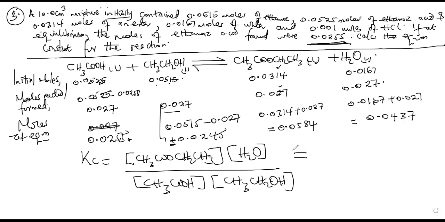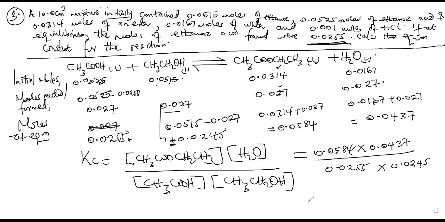So you substitute directly. For ester, we shall have 0.0584 times water 0.0437 over ethanoic acid 0.0255 times ethanol 0.0245. This will give you the value of Kc as 4.08.